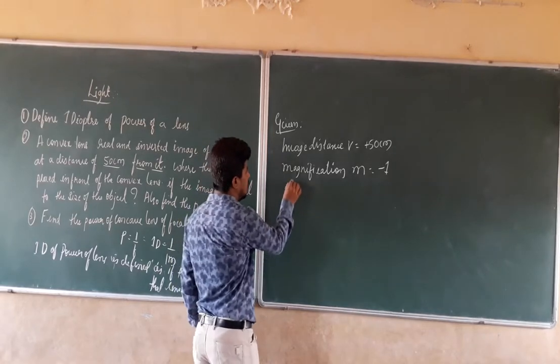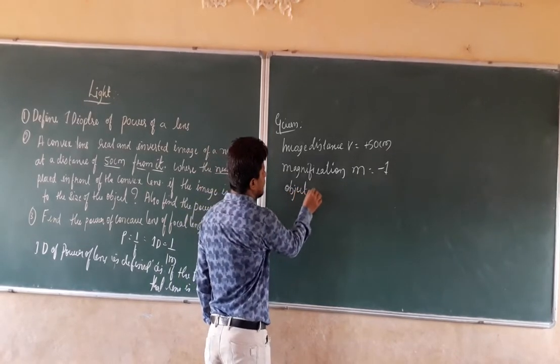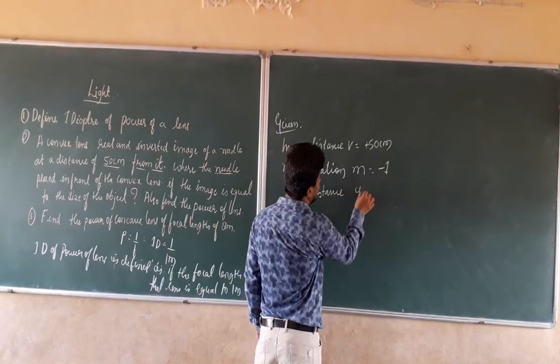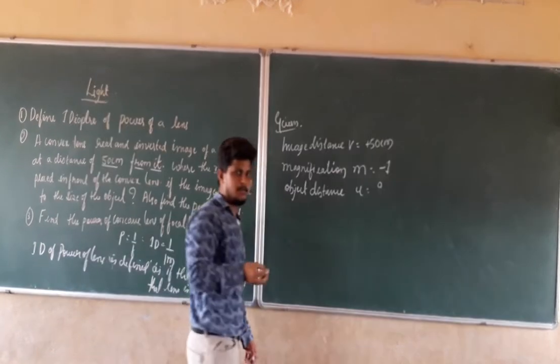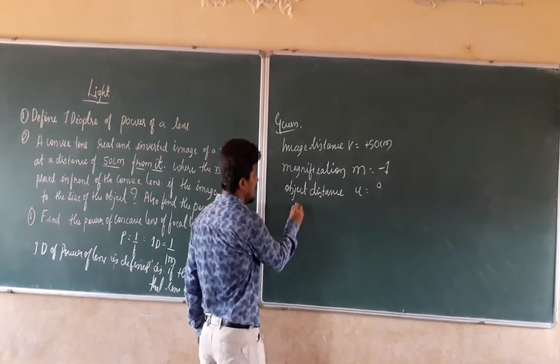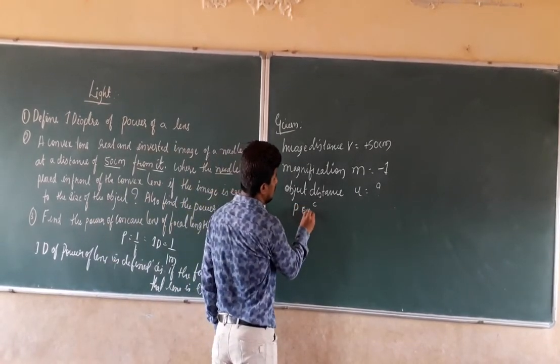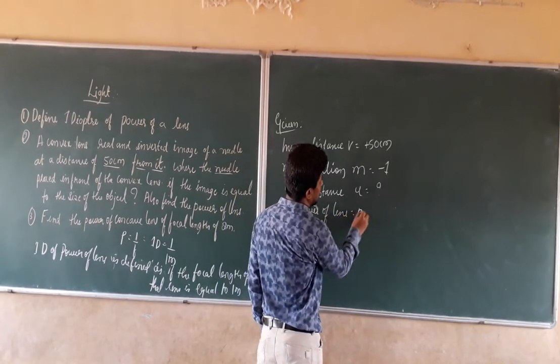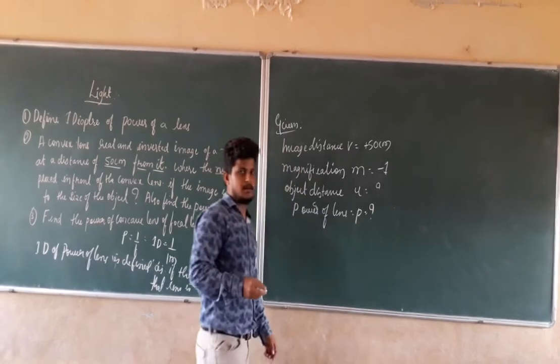We have to find out the object distance, u equal to question mark. As well as we have to find out the power of the lens, P equal to question mark.